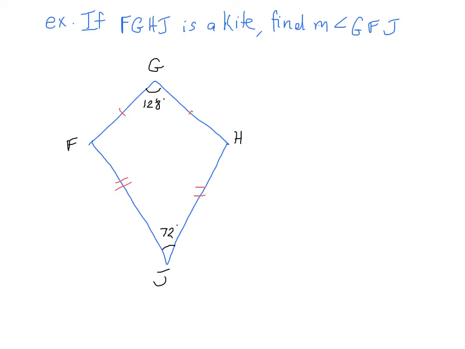Okay, so here in our example, we know it's a kite because we were told it's a kite. And we are being asked to find angle GFJ. So angle GFJ is over here. And now, if you recall, since this angle is between two non-congruent sides, that means this angle is going to have the same measure as the other angle that's between two non-congruent sides.